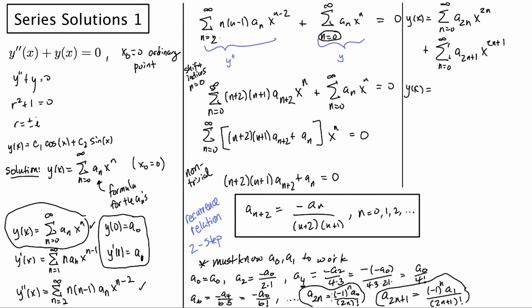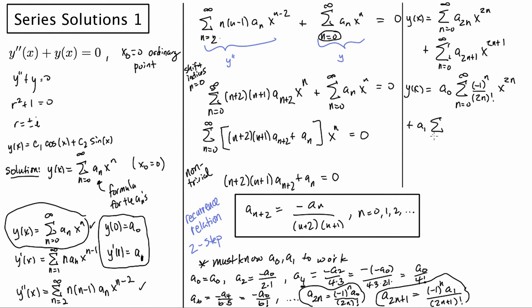The even coefficients would be A0 sum n goes from 0 to infinity of minus 1 to the n over 2n factorial x to the 2n.